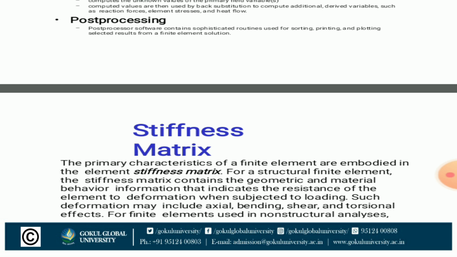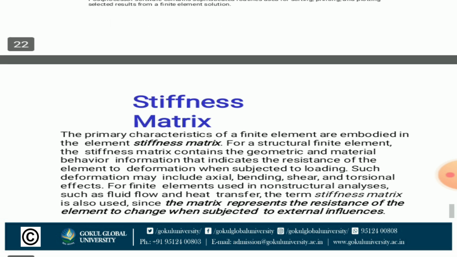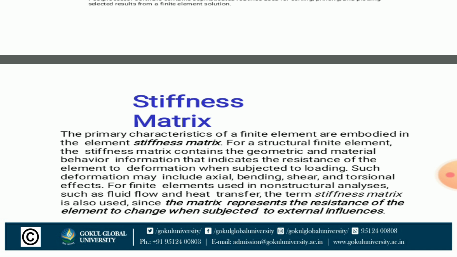For a structural finite element, the stiffness matrix contains the geometric and material behavior information and indicates the resistance of the element to deformation when subject to loading. Such deformation may include axial, bending, shear and torsional effects.